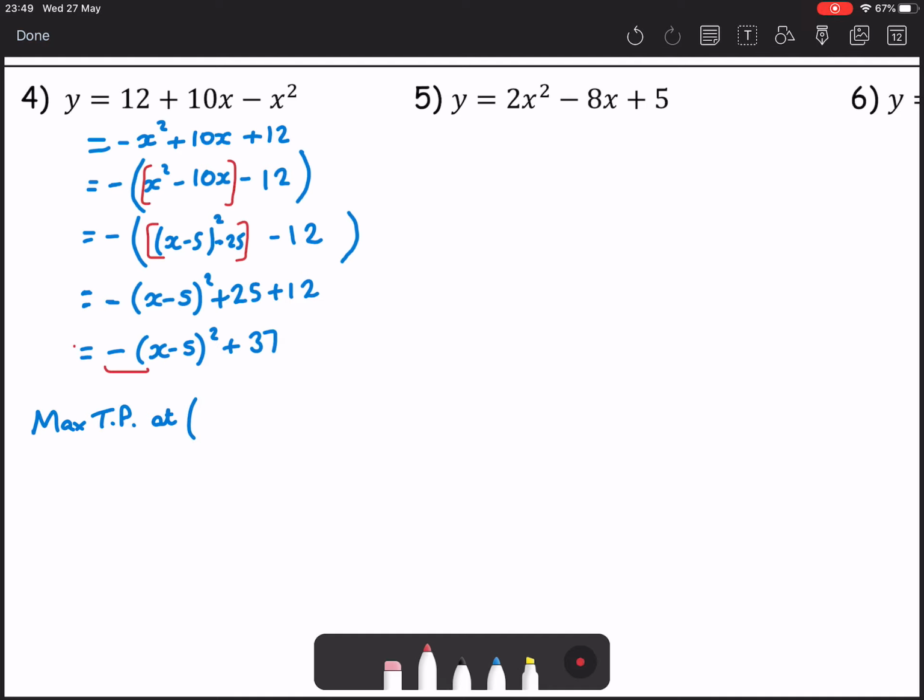And we get this by solving the bracket. Five, and then the 37 just as it is. And that's us completed the square and also got the nature and coordinates of the turning point.